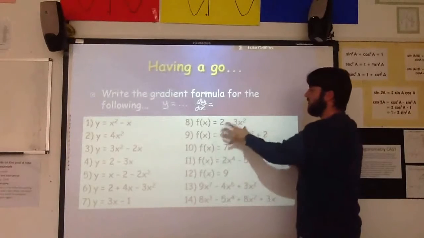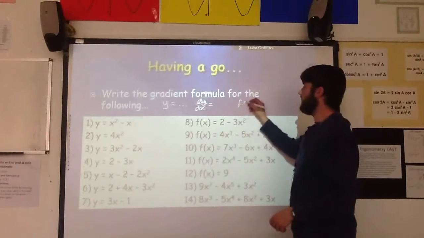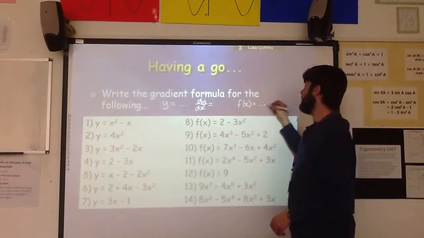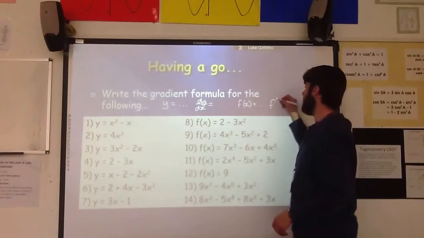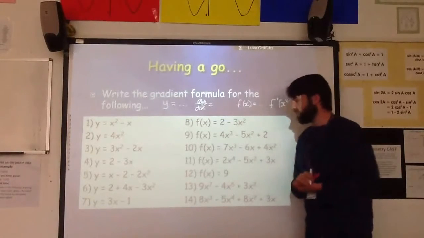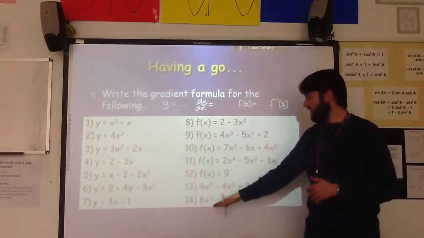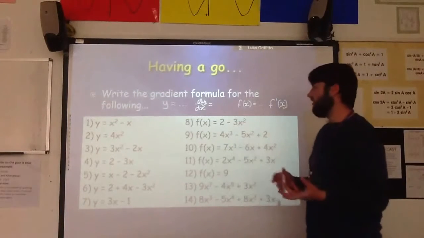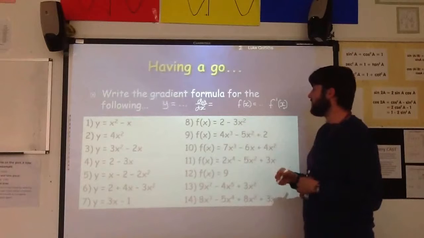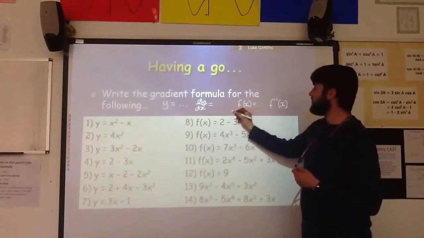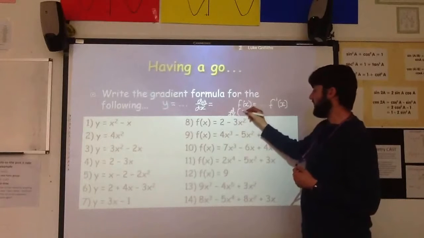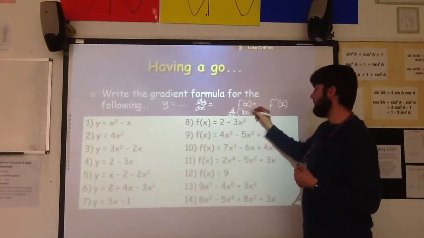If we're starting off with f of x as our notation, then our gradient function is denoted, are you ready? F with a little dash, like that, f dashed of x. For this kind of problem, where you haven't got y equals or f of x, what you'll quite often see written is d/dx, and then a bracket, and then the function.